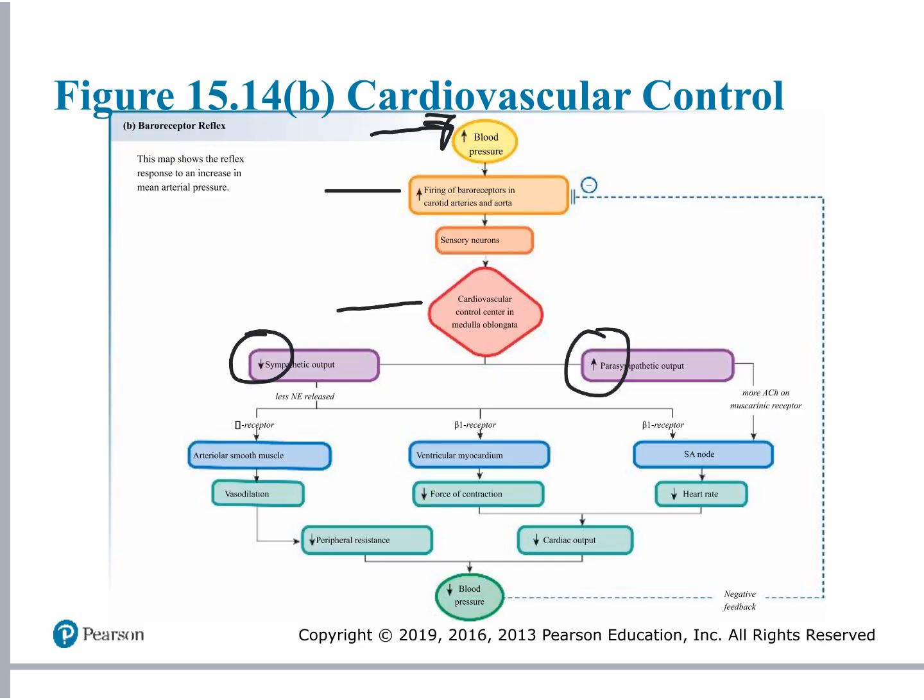So let's start with the parasympathetic nervous system. What is it going to do? It's going to inhibit the SA node. Well, how does it inhibit the SA node? If we go back to the chapter 14 PowerPoint, it says that it hyperpolarizes the SA node. But how does it hyperpolarize the SA node? By opening the potassium channels.